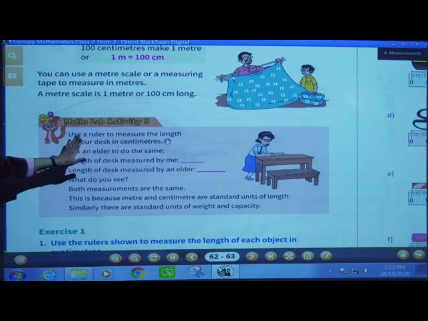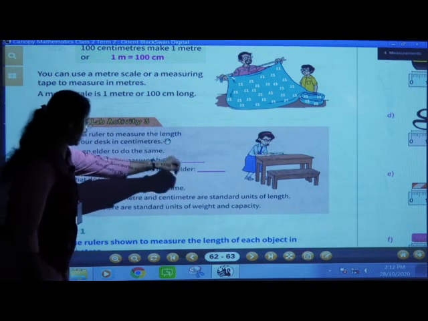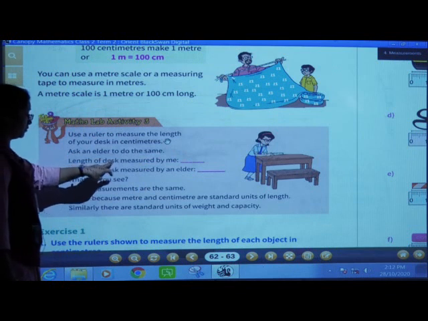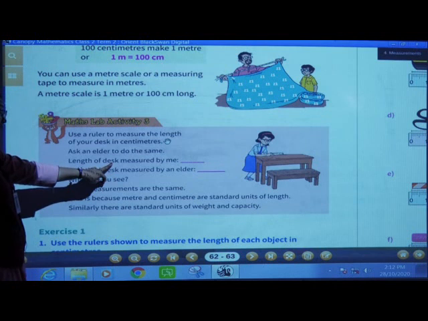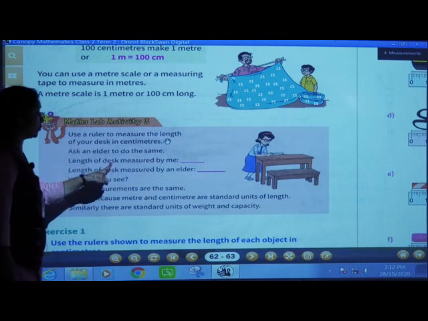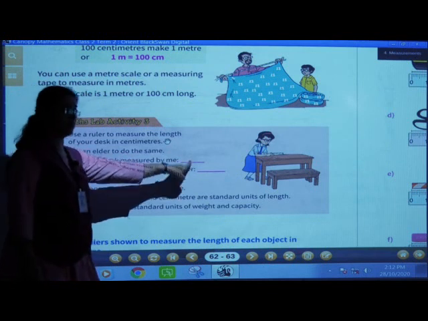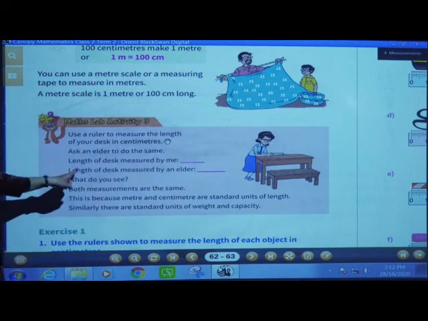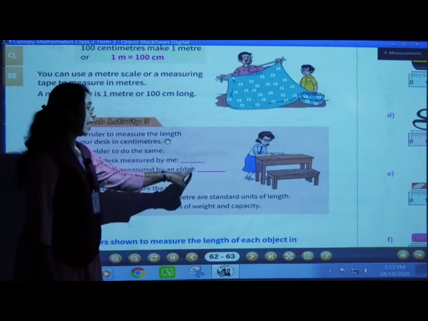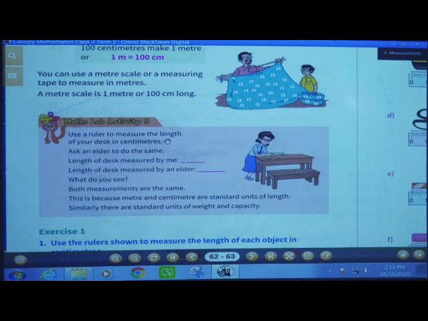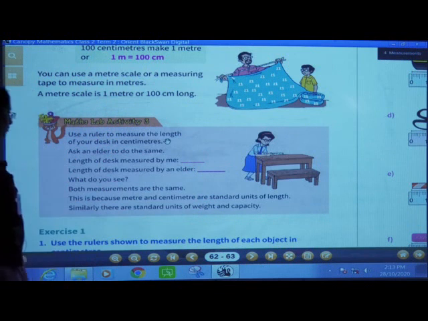You have to do this activity at your home. Write the measurements here. Instead of desk, you can measure the length of your study table, and write the measurement here. And the length of the table measured by an elder, write the measurement here.